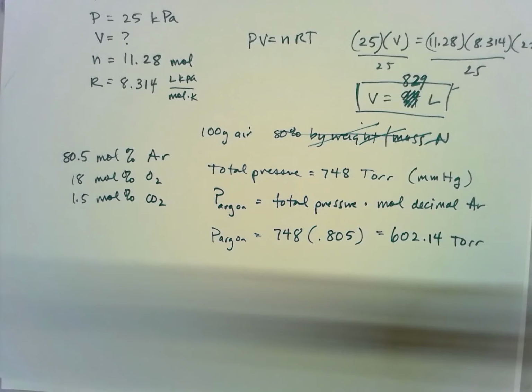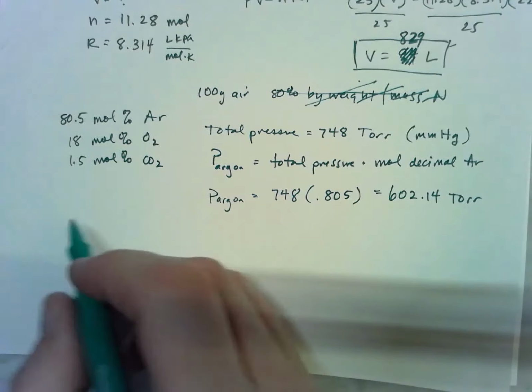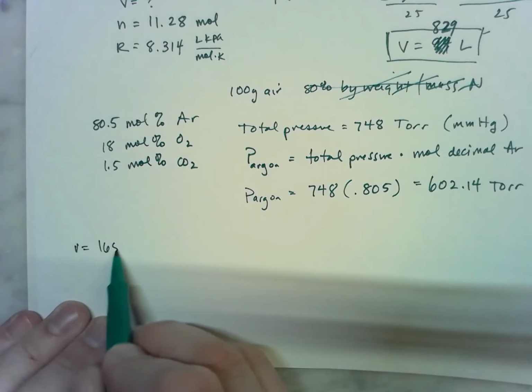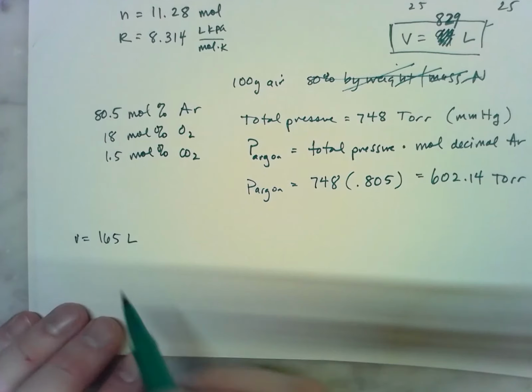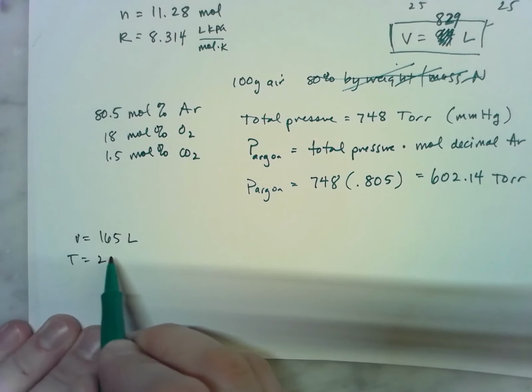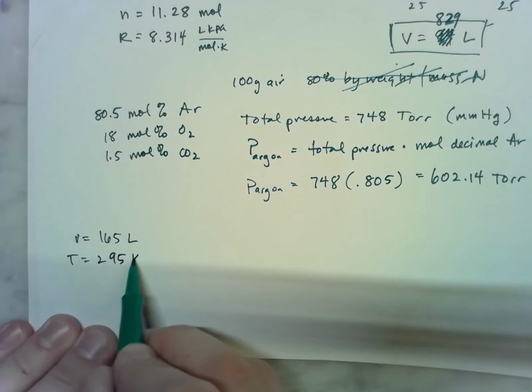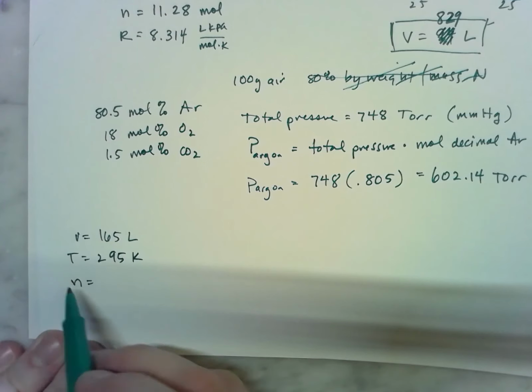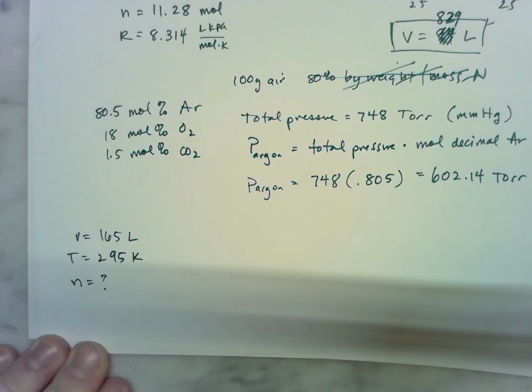All right. If this atmosphere is to be contained in a vessel with a volume of 165, temperature is 295 K, how many moles of argon? Okay.